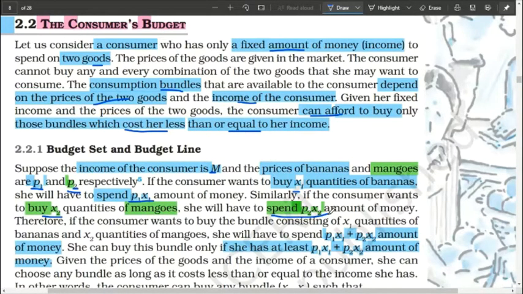But he has to spend on both, so he has to choose different bundles. If you add together how much he spends on bananas and how much he spends on mangoes, you get P1X1 plus P2X2, the amount of money he spends on both. So if he has at least this amount of money, he can buy any bundle that's equivalent to the amount of money that he has.